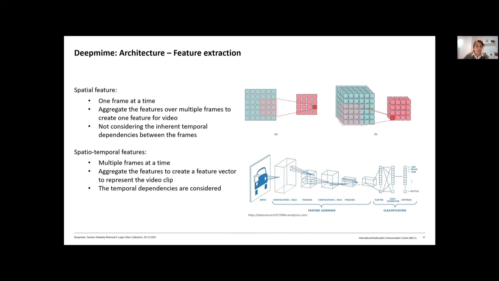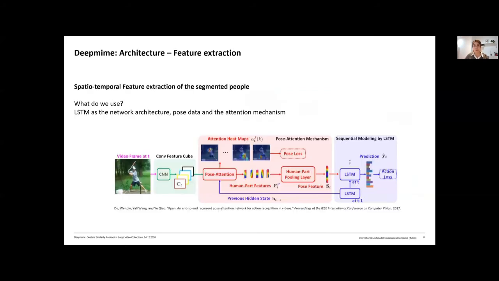This is very important for tasks such as activity recognition, activity search, and gesture search, because the temporal aspect of these tasks is very important, and it is important to consider the temporal dependencies between frames and not disregard them by just aggregating the features at the end of the network.